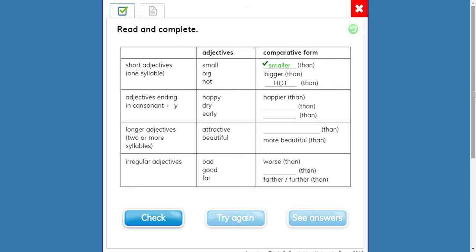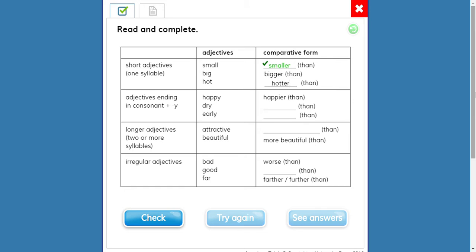You write hot, but the rule says you need to add another T and er: hotter, hotter than. This is for one syllable. For example, short, shorter; large, larger; tall, taller.